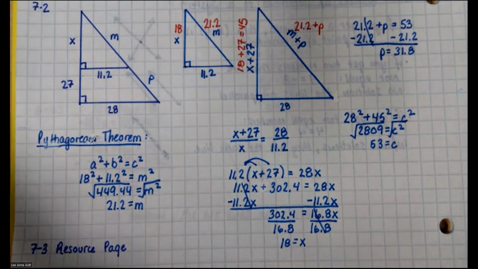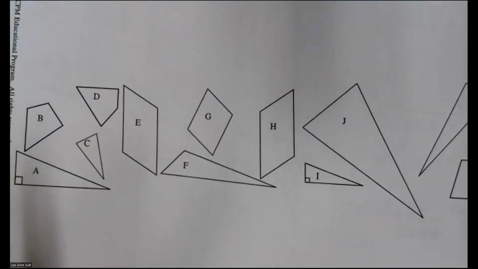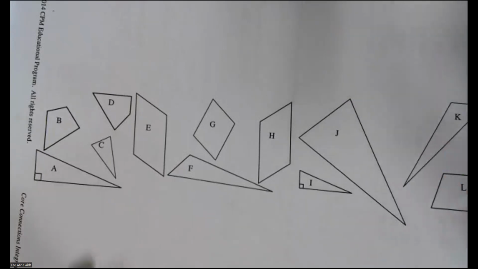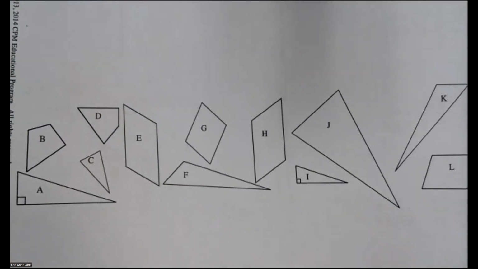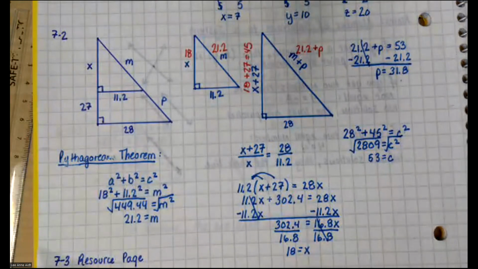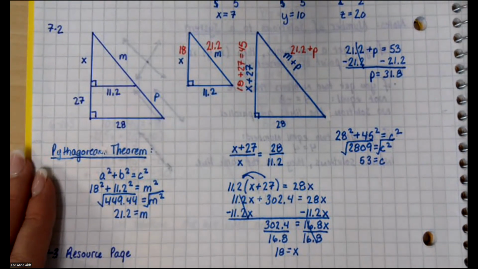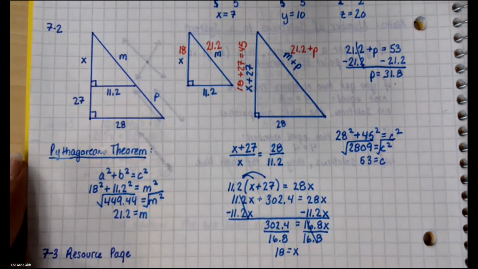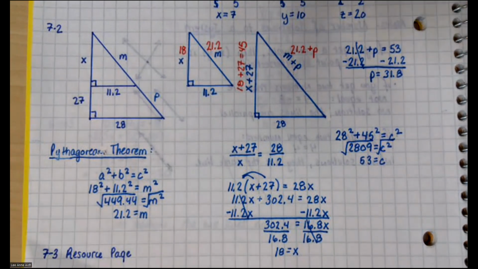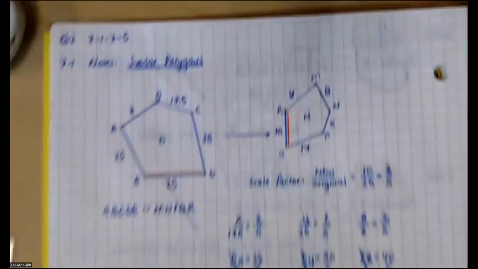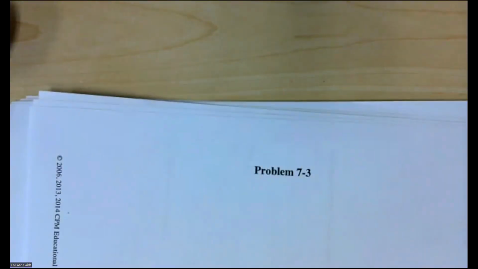So you're going to look at the resource page and find pairs of shapes that are congruent to each other in your groups, please. You can color them. You can just write down who goes with who. Just write on the resource page, please. So congruent, not similar, congruent, meaning exactly the same. No, there's only a couple of pairs.